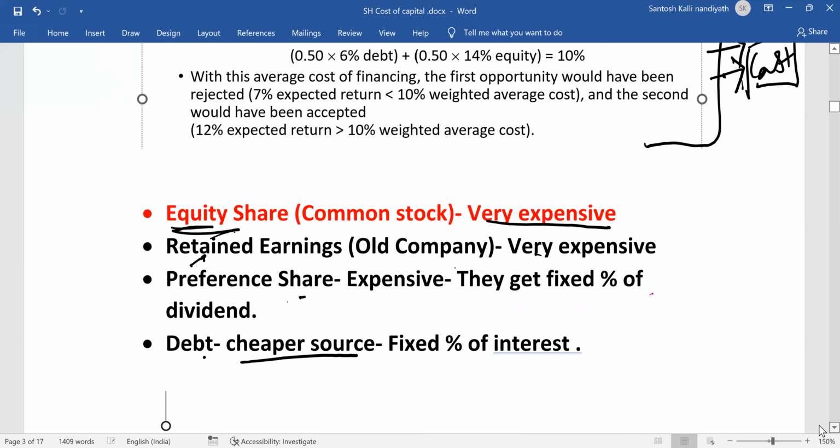Then preference share is lesser than these two, and debt is the cheapest source of financing. We will see how and why we are discussing it. Okay, up to here we are good.